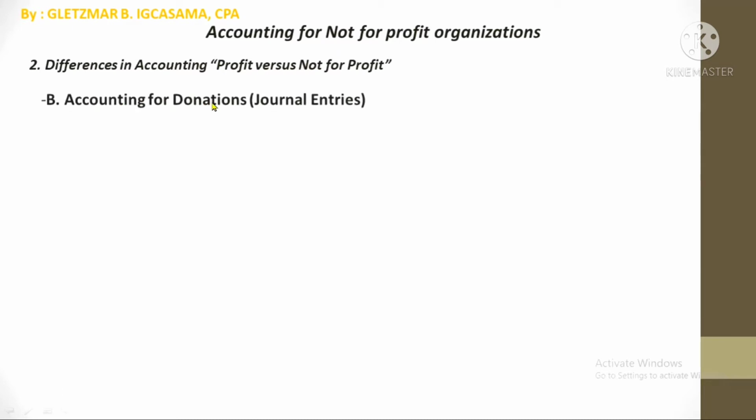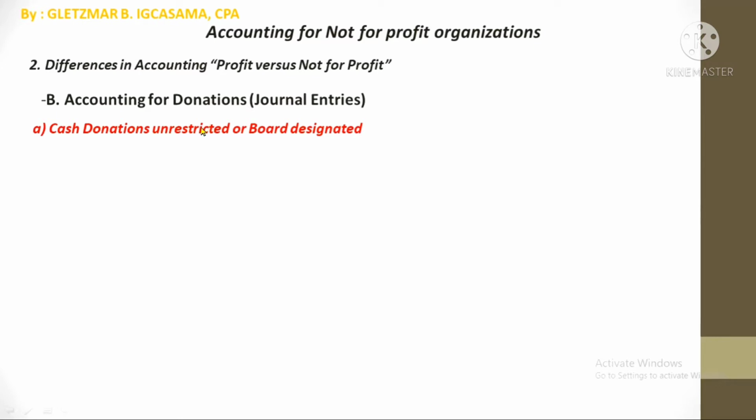Okay, again, we are still on the differences between not-for-profit versus profit accounting, but we are now on the accounting for donations. Now let's go straight to the most common donation, which is the cash donation. I remember that we have talked about this just a little bit in the last episode, but now we're going to discuss this thoroughly.